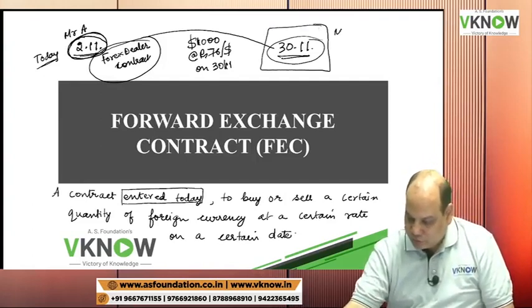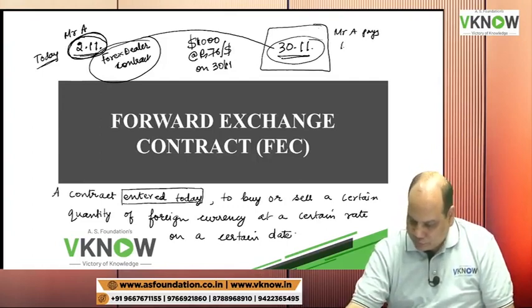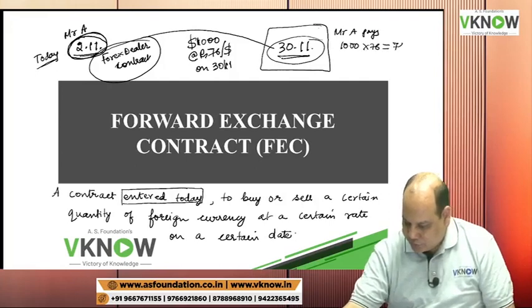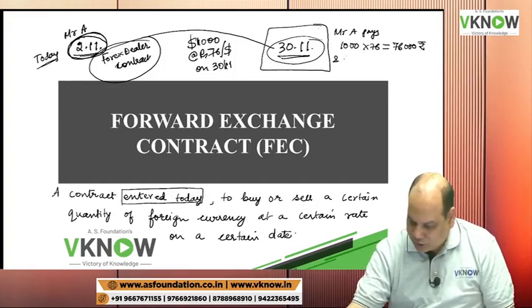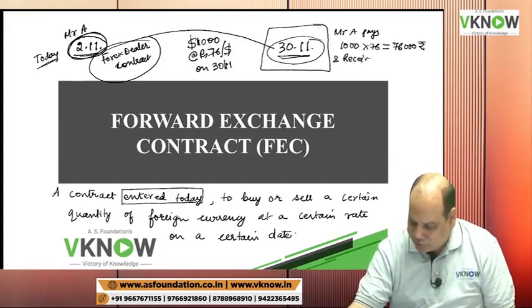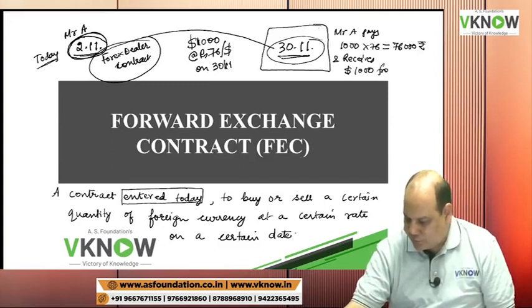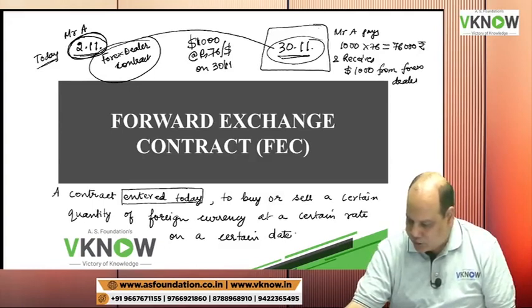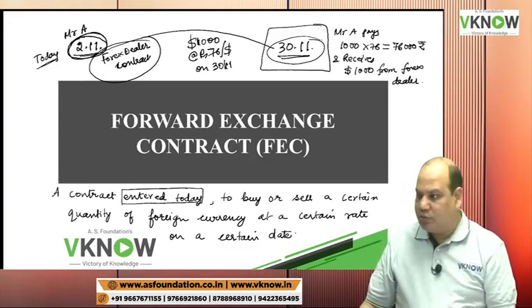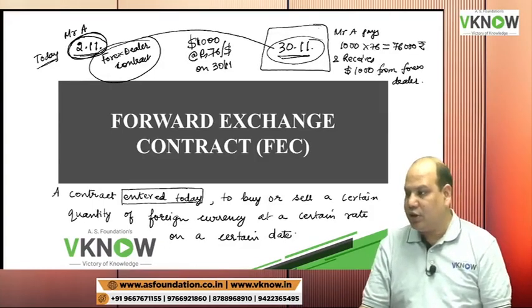Mr. A pays 1000 into 76, that is 76,000 rupees, to the forex dealer, and Mr. A receives $1,000 from the forex dealer. This is how the transaction will be settled on 30th November.